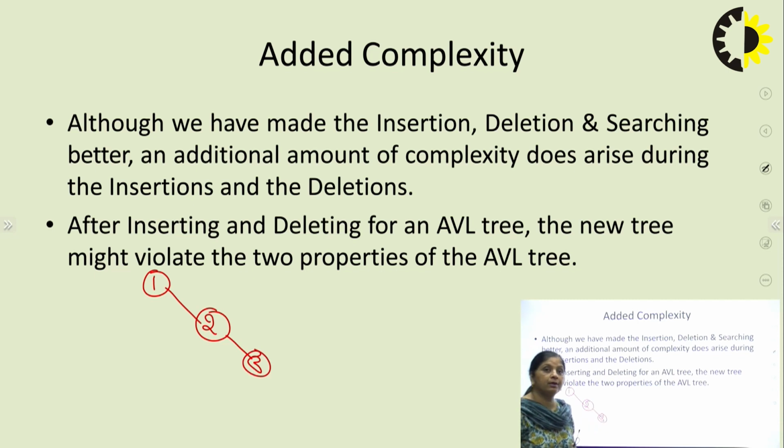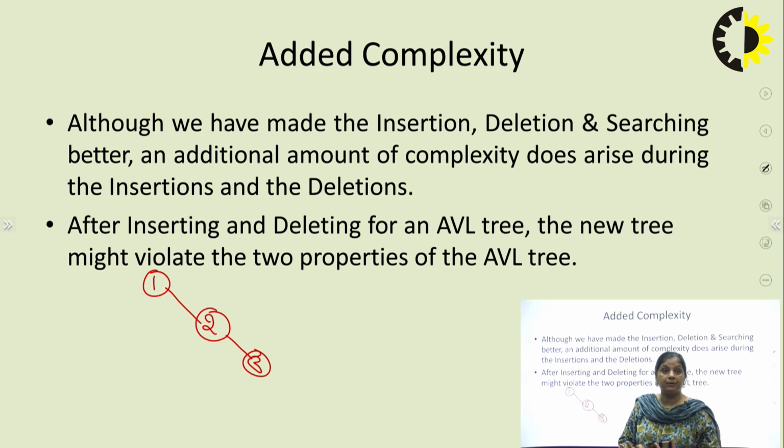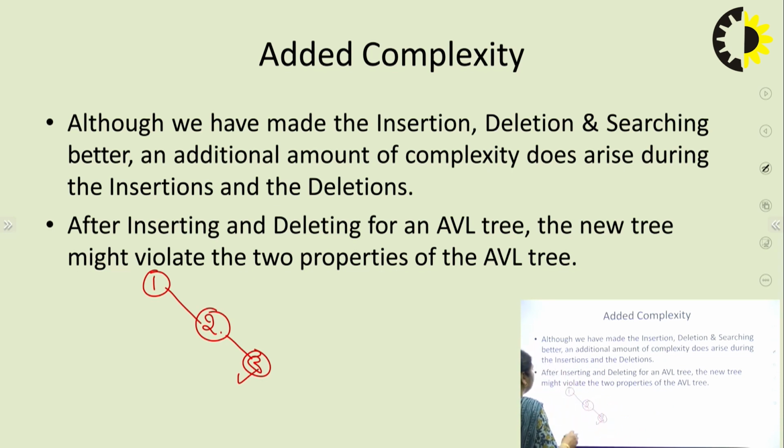In AVL, when we do insertion, we check the state of the balancing. When I inserted 1, the balance was okay. When I inserted 2, the balance was okay. But when I inserted 3, it is no more an AVL tree, so I need to adjust the height.